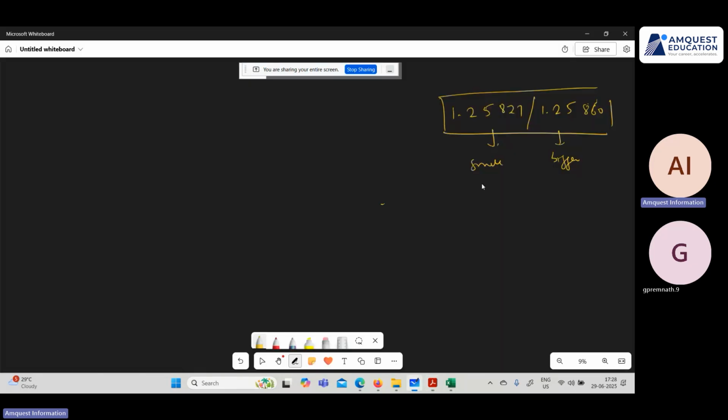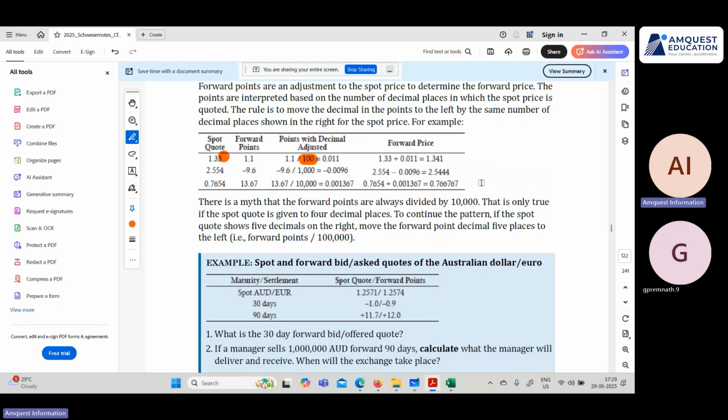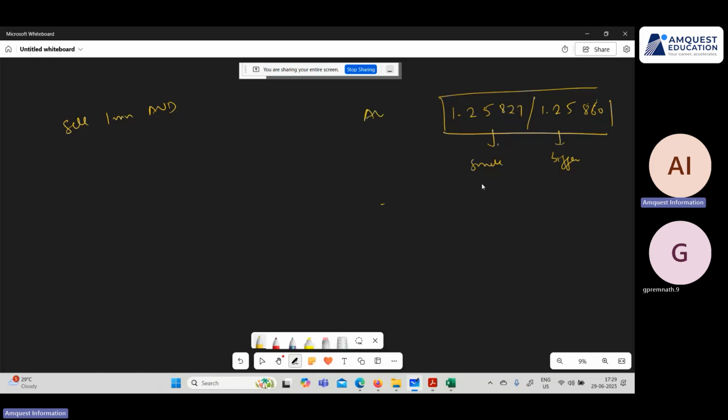He's trying to sell 1 million AUD when my spot rate, this rate is in AUD by EUR. Now there are two things to understand here, and then the question will become very simple. The first thing is that when I'm selling AUD, I am buying EUR. Correct?